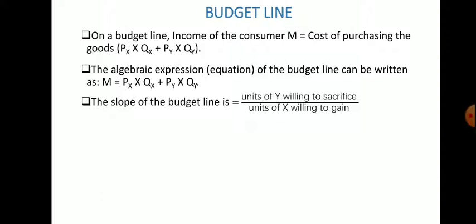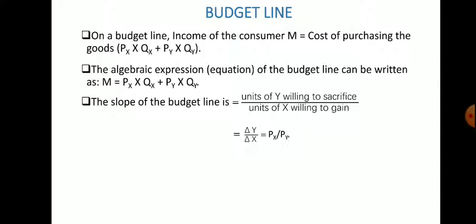The thing is that you have to see which one you are sacrificing to get which commodity. So basically the formula is units of a commodity willing to sacrifice divided by units of another commodity willing to gain. This equals the change in Y divided by the change in X, that is delta Y by delta X.